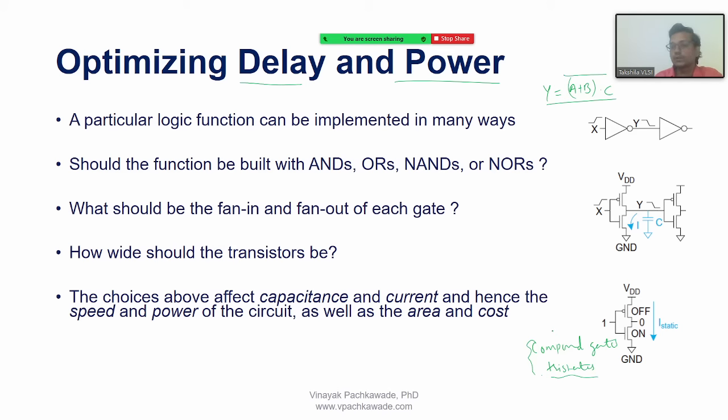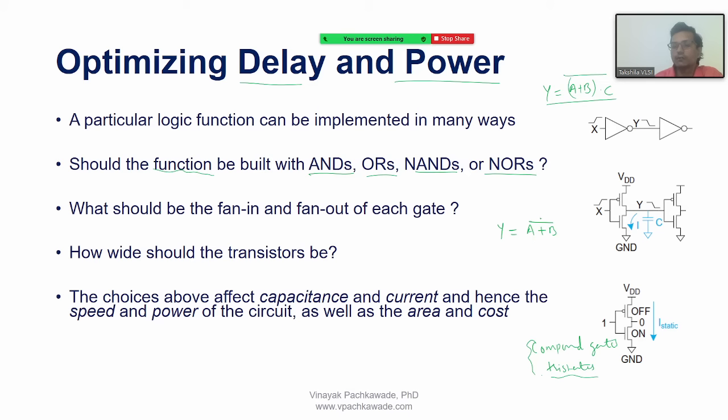So the question we have been asking in the last many sessions: this function, should it be built with AND gate logic, OR gate logic, NAND gate logic or NOR gate logic? We know that we have options, and we have also understood that we can realize this with, let's say, 2-input or 3-input NAND gates and NOR gates.